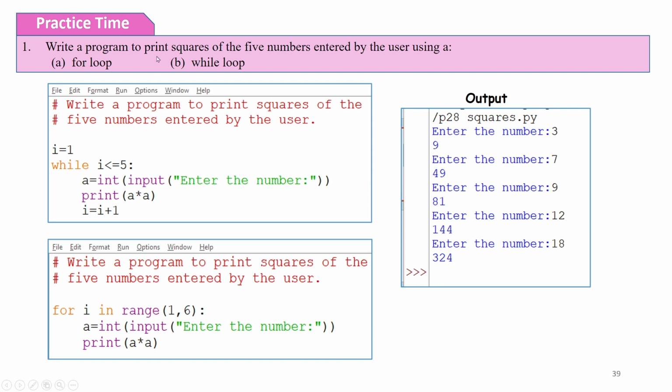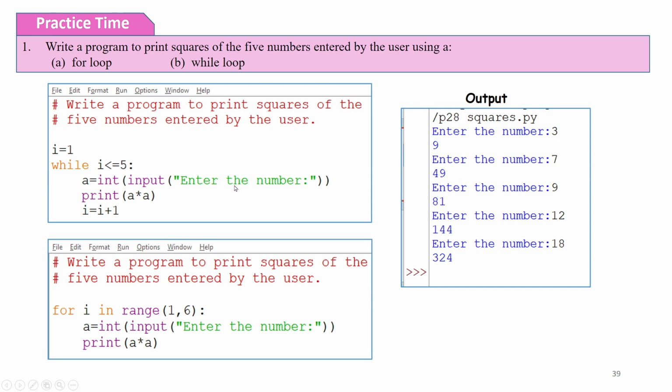So here, the question is written in the remark. I equal to 1 is the initialization. I initialized I as 1. Then while I is less than or equal to 5.